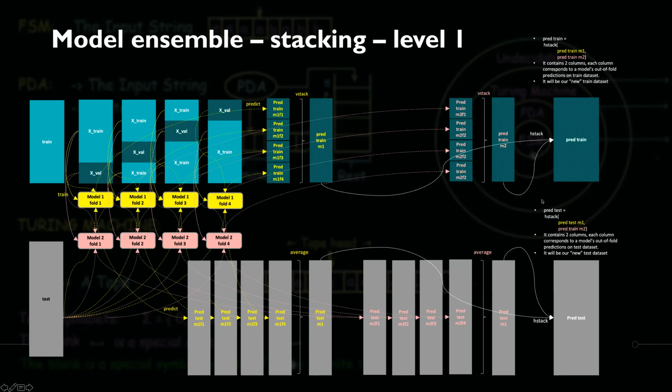By horizontal stack, what I'm trying to do is to come up with new sets of data that can be used to train our stacking model, which is also a supervised model. It requires labeled data. This is what we are trying to do for stacking.